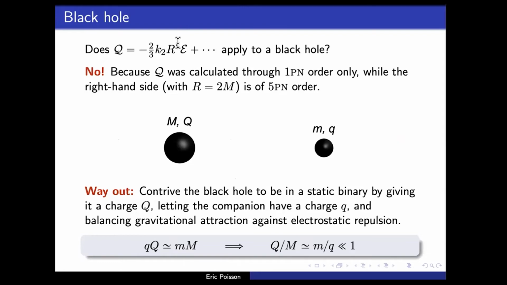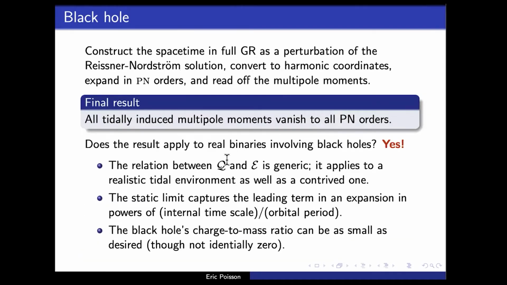So the E that I provide here was very contrived, and the Q was 0. I claim that this relationship between Q and E, if you could carry it out to full glory in 5PN, would be generic. Doesn't matter what E is, Q will always be proportional to it. So Q for a contrived environment will be in the same relation as Q for a natural, astrophysically well-motivated environment. If Q is 0 for one, it's going to be 0 for the other.